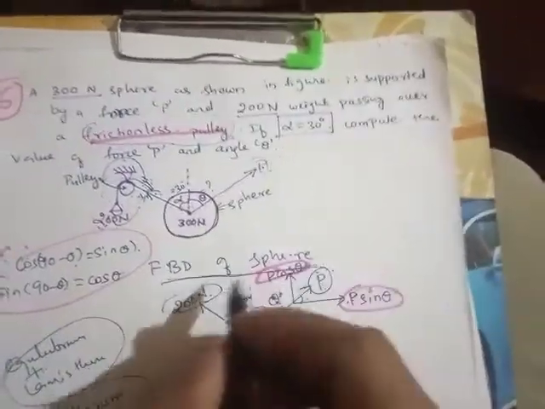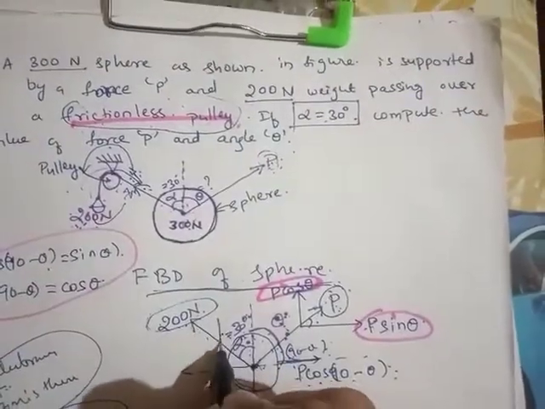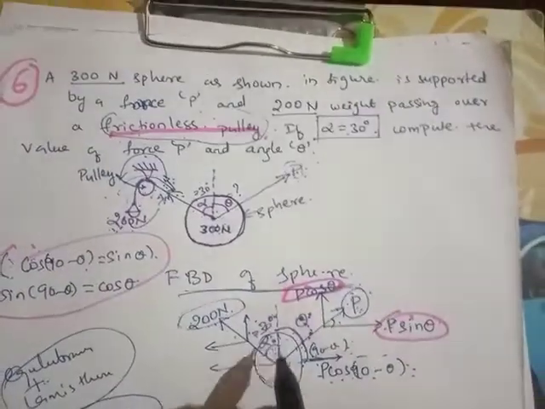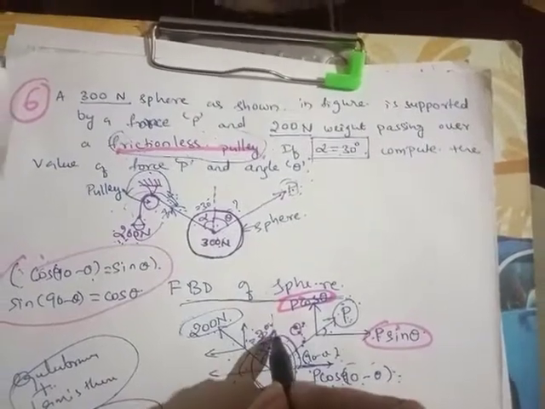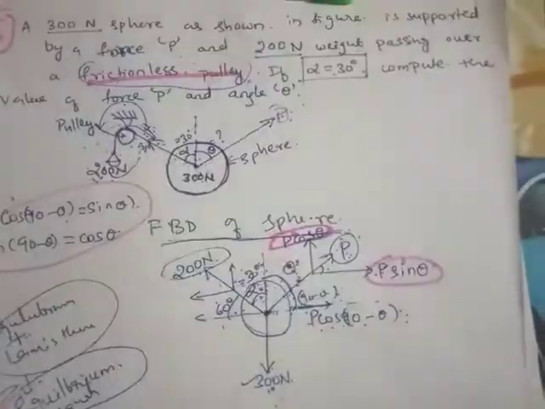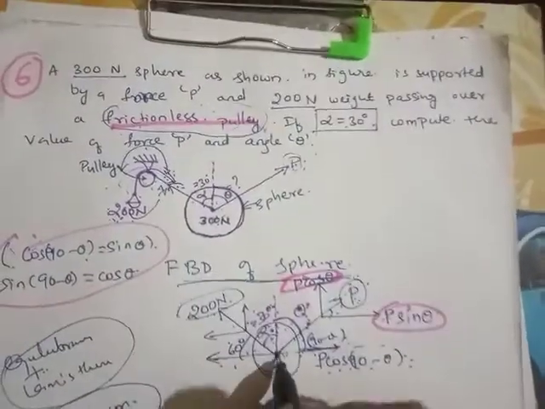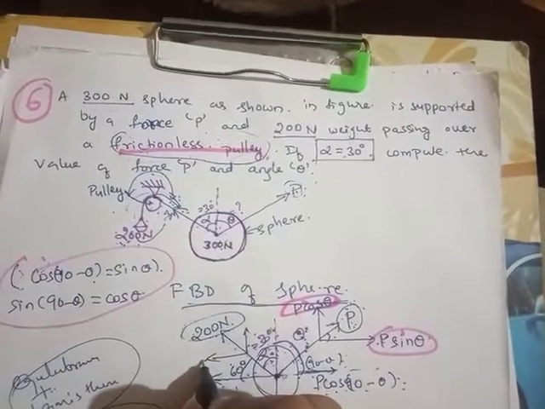Now come to the 200 Newton force. Similarly, here also resolve the forces. Alpha, you know this angle, is 30 degree. What about this angle? 90 minus 30 is 60 degree, this angle with respect to horizontal. So what is the horizontal component of the 200 Newton?